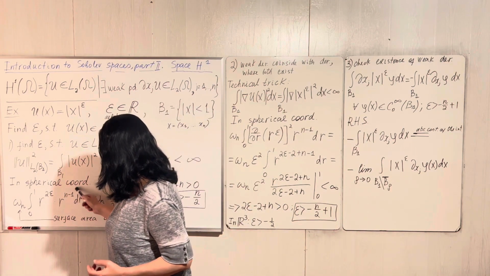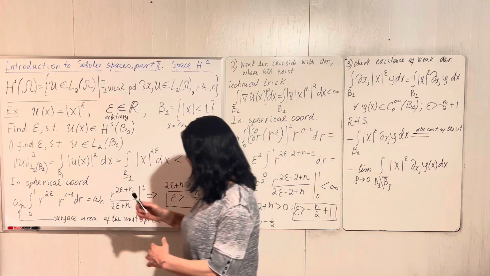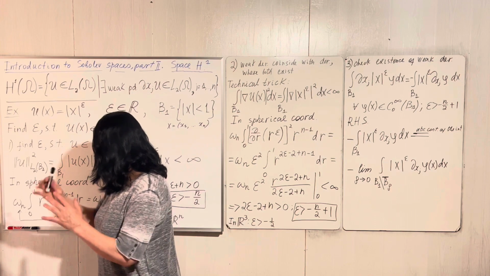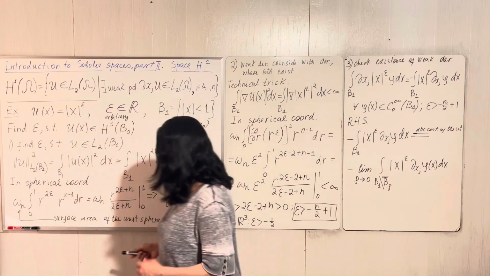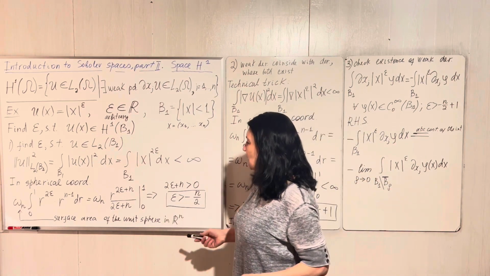The term r to the n minus 1 comes from the Jacobian, and then we integrate over the sphere, where omega 1 is the surface area of the unit sphere in Rn.